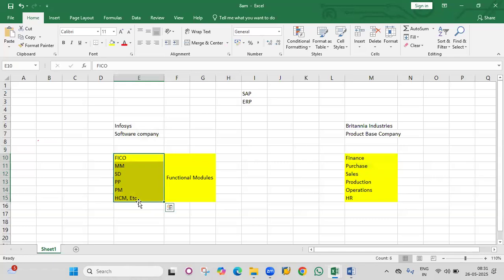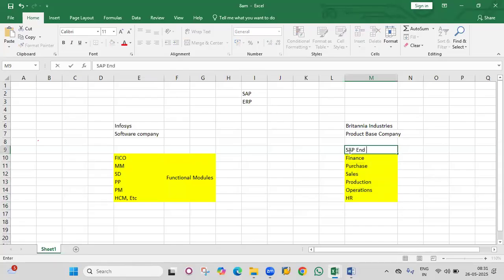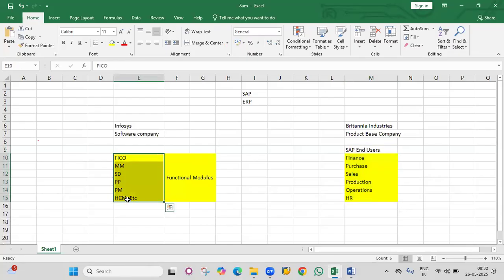That is our role. And these people are called end users. In SAP, just like we are using a mobile, we are the end user of the mobile. When you are getting a problem in the mobile, you are going to the technician. That fellow is a technician, that's it. Just like that, whoever is using SAP in the business, they are called end users. Whoever is supporting, they are called consultants. So we have two roles here.